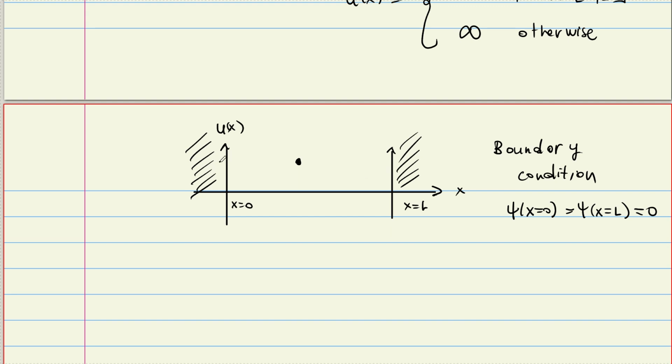Because think about a wall, and you are here. If the wall is too high, you have smaller and smaller probability to be here. If the wall is infinity, you have zero probability to be here, even in quantum mechanics. Okay?